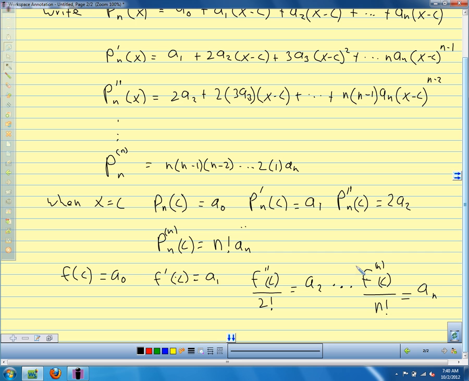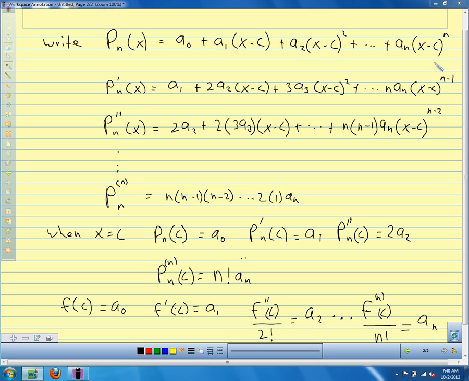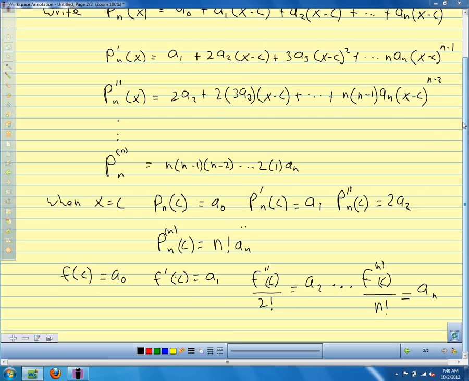Our process is to equate the function and the polynomial at the point we're interested in and equate all of their derivatives. And that gives us this process for finding these coefficients of our polynomial. We're going to use this process to define our Taylor polynomial. Everybody follow the process? Okay.